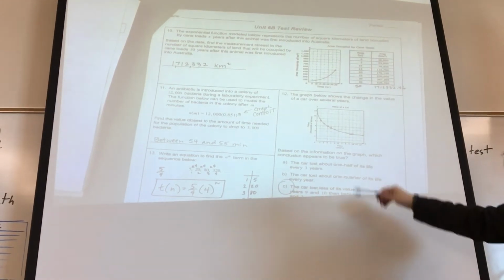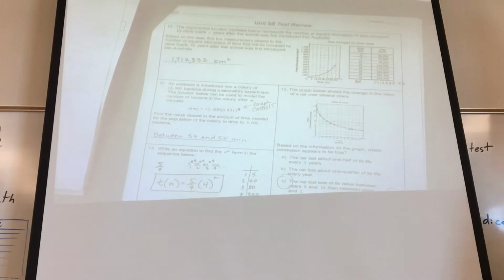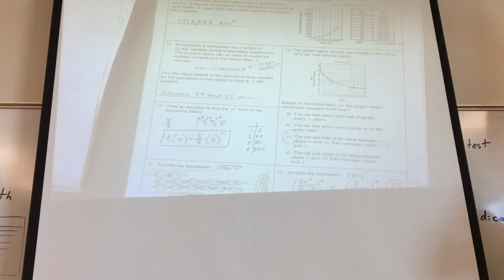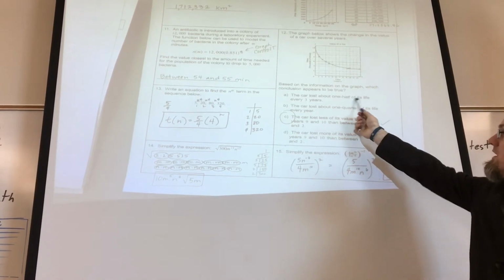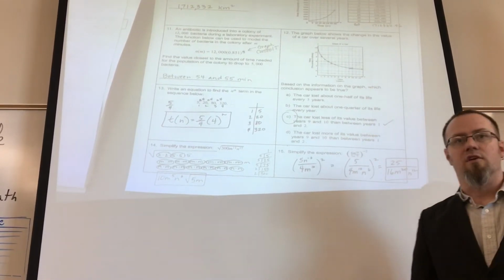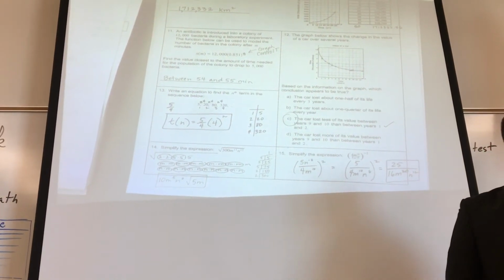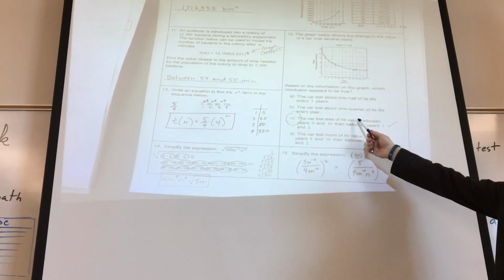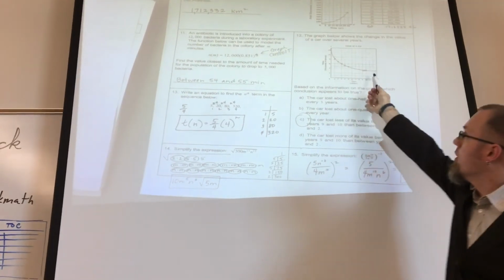On number 12, change in value of a car. We know a car gets to be less and less over time. The correct answer on this one, and right off the bat, these two, it loses half of its life, a quarter of its life. What is it, a video game character? Okay, it's not life that it's losing, it's value. So when it's losing its value, does it lose more at the start or over time?